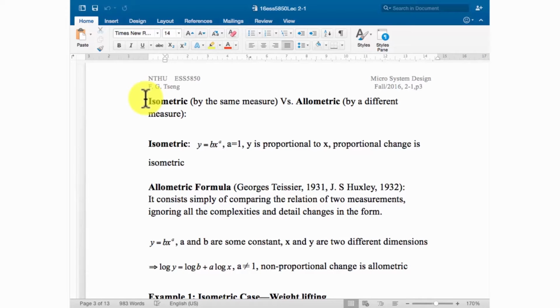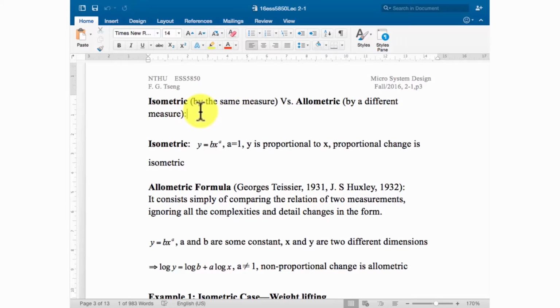We are three-dimensional things, so if we blow up things in a three-dimensional manner and in the same ratio, the system is an isometric system. When you blow up things, they will look very similar to your original things. So it's like a similarity condition. If we blow up or shrink things by the same measure in three different directions, we call this an isometric system.